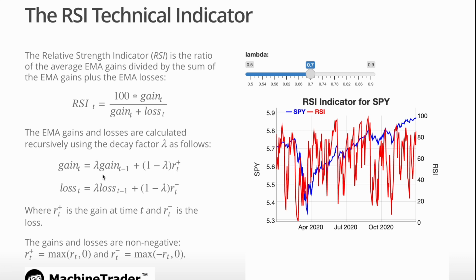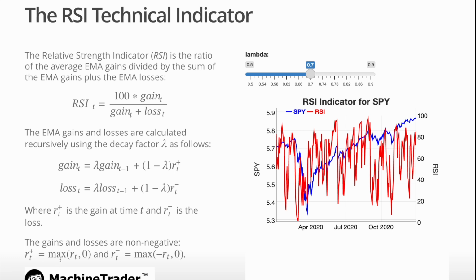And the gain is calculated as a moving average over the positive returns. So the gain is the moving average of positive returns, and the loss, the EMA loss, is the EMA of the negative returns. The positive and negative returns are calculated as non-negative values.